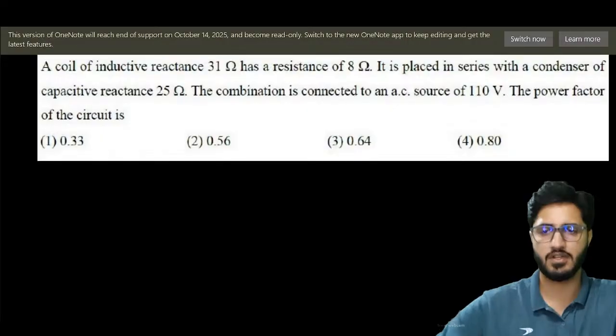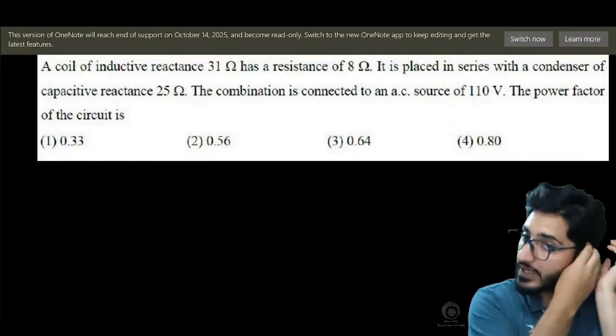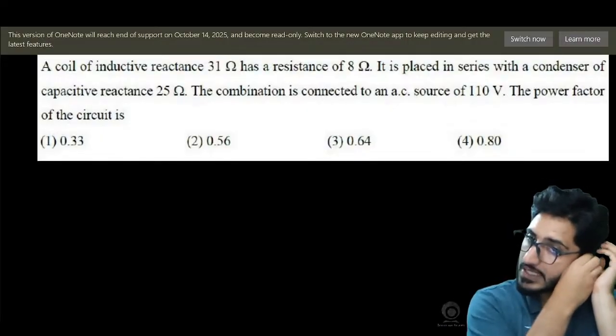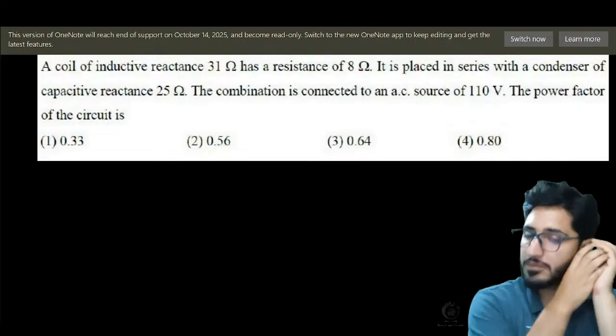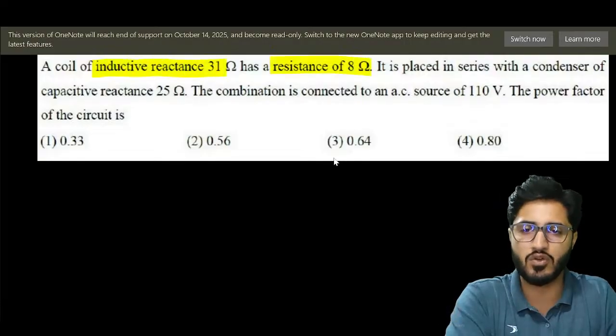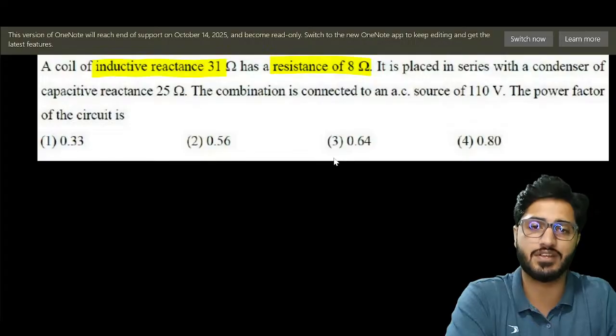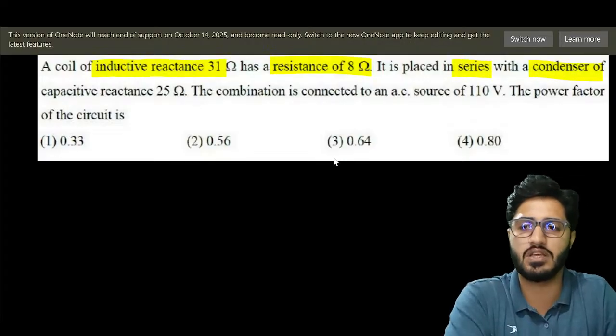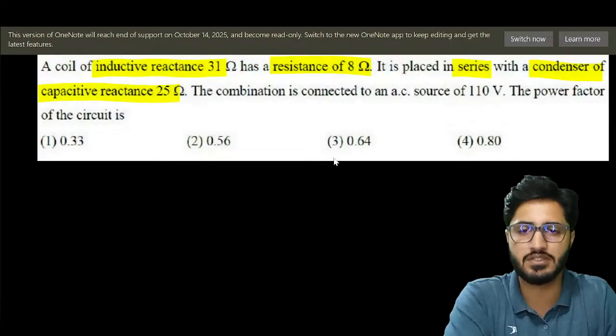A coil of inductive reactance 31, that means XL is 31. Resistance is 8 ohm, so we are having an LR circuit. It is placed in series with a condenser, a capacitor, of this much.